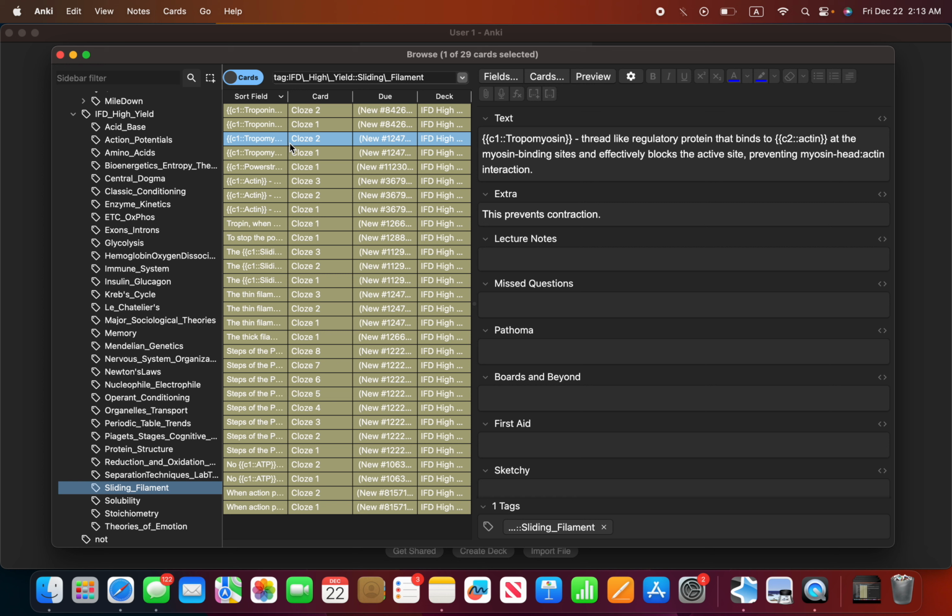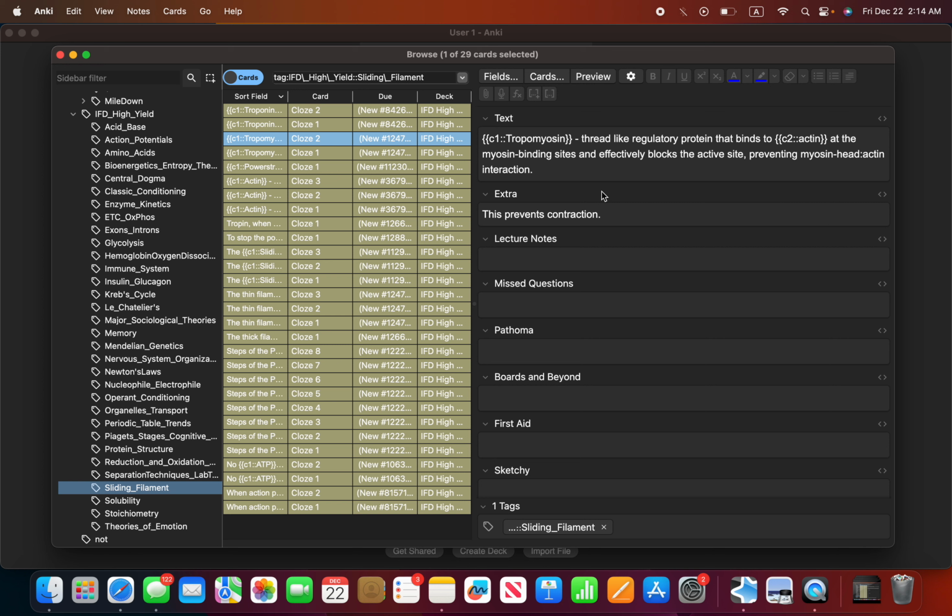So there is a myosin head and actin interaction that, if they have interaction, will result in the contraction, or the opposite.